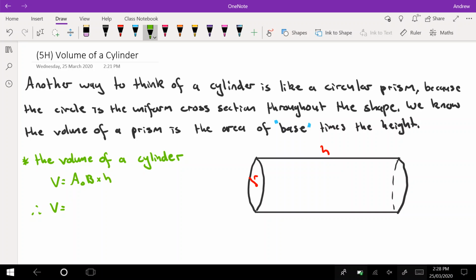Yeah, since it's a circle, we write pi r squared, because that is the area of the circle, and then we times that by the height. Really that's it. Volume of the cylinder is quite simple: pi r squared times height.